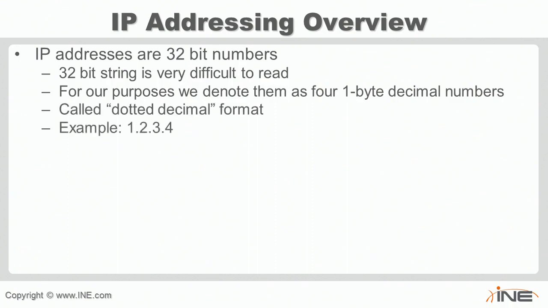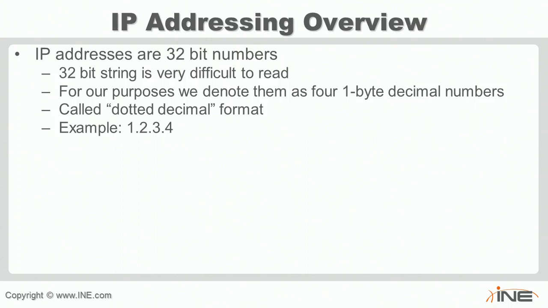So when we look at Windows and say ipconfig, we'll see that the addresses are going to be something like 1.2.3.4, which is easier to read than 32 binary digits, either zeros or ones, over and over and over. But from the perspective of the routers and the layer 3 switches, they're always going to be reading the numbers in binary.